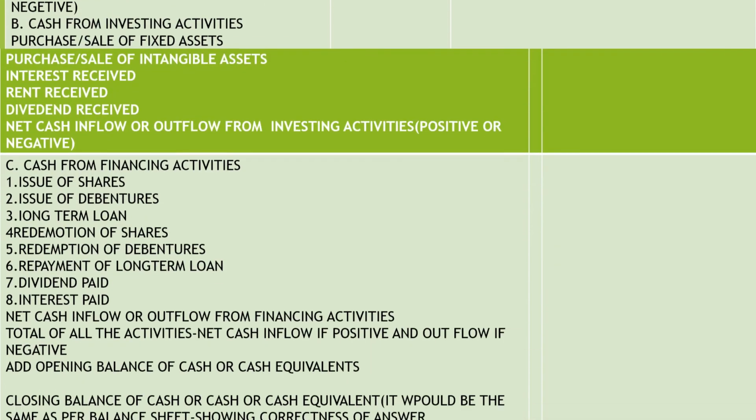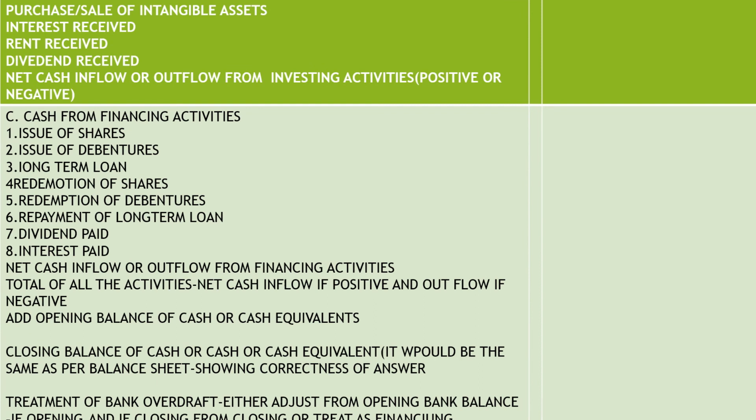Then in order to treat the bank overdraft, either we can adjust from opening or closing bank. If it is opening bank overdraft, from opening cash or cash equivalents, we will subtract.